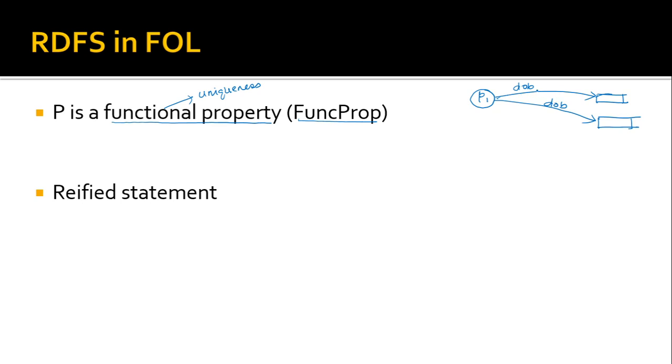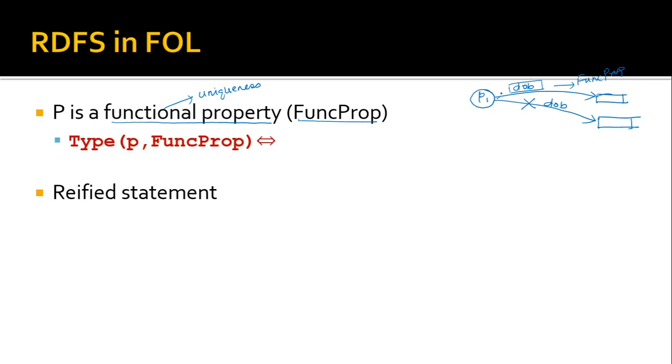So if you can impose that kind of restriction, that means you cannot have more than one outgoing edge from this resource having this label DOB property. You cannot have more than one outgoing edge labeled with this property which has been defined as the functional property, right? So you see that this date of birth is unique to a person, and whenever we try to model something like this, we declare this property to be a functional property.